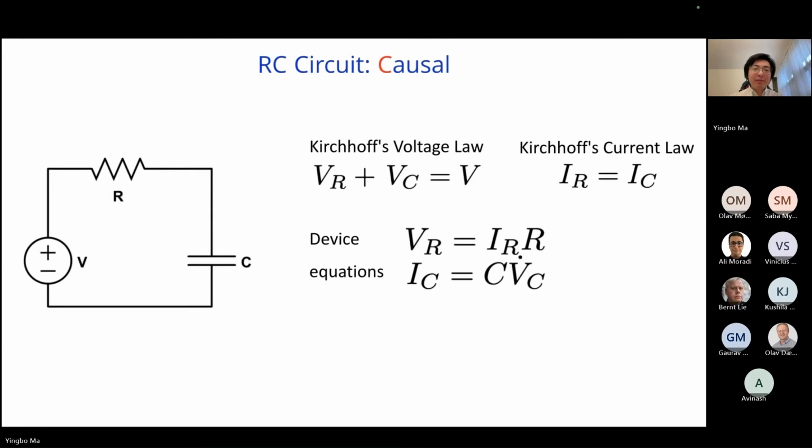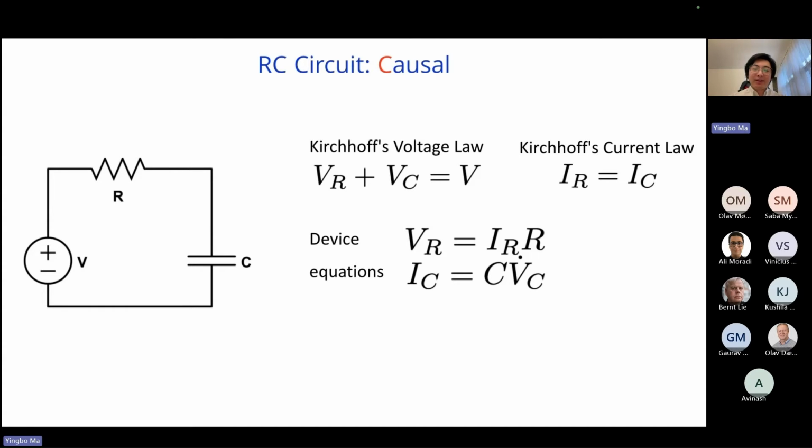So when people need to implement an RC circuit in a causal modeling framework, they need to list all the conservation laws, so Kirchhoff's voltage law and Kirchhoff's current law, and all the device equations. In this case, we have a resistor and a capacitor.